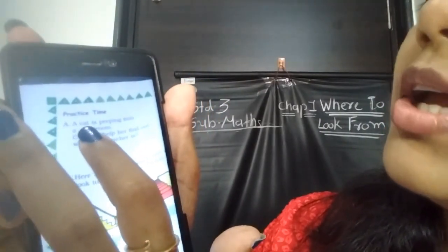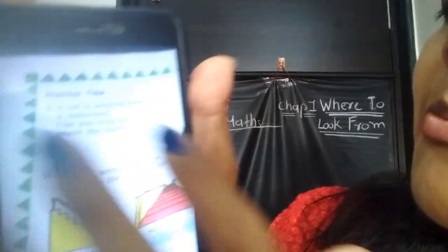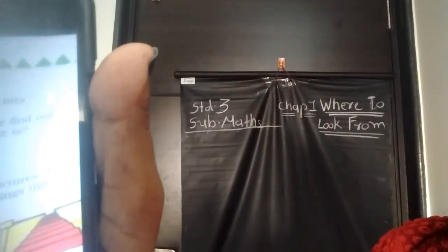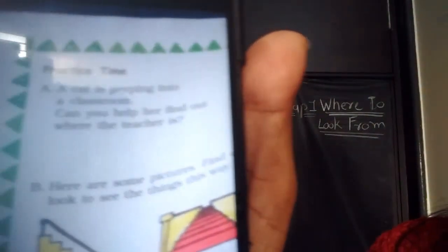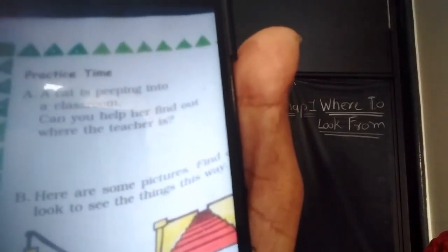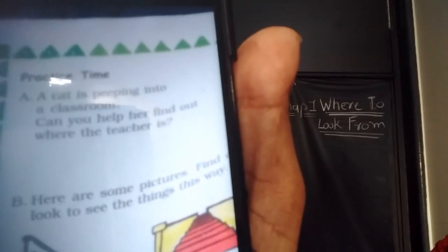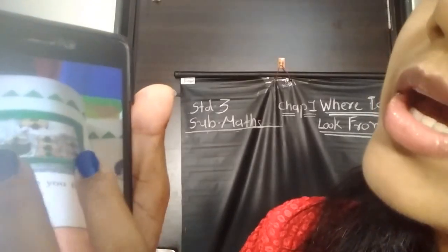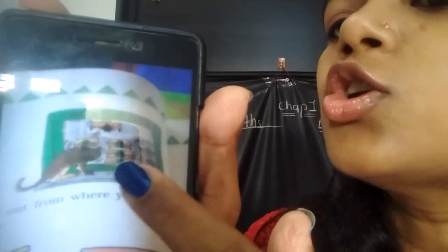Our question number one: a cat is peeping into a class. Can you help her find out where the teacher is? From this picture, you have to find out where the teacher is. Can you see that it is a top view?